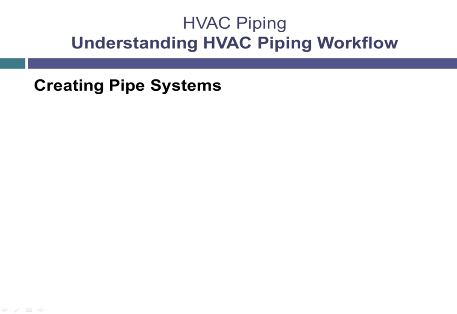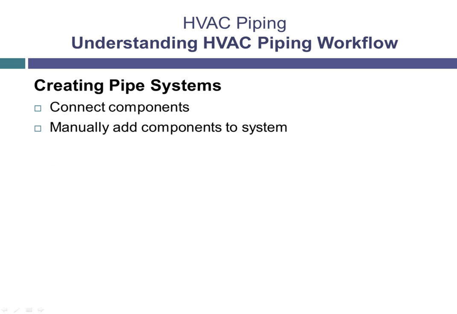Remember that piping systems can be created in two ways. One way is to simply add pipe to connect the components, and they will automatically be added to a piping system. The other way is to select the components and manually add them to a system. Then you can have Revit generate and lay out the piping.